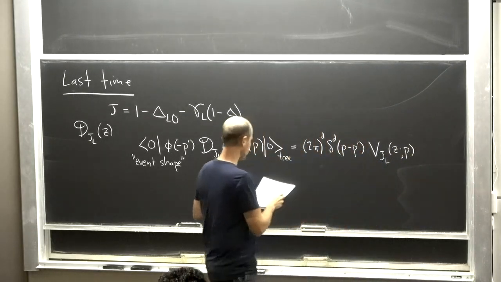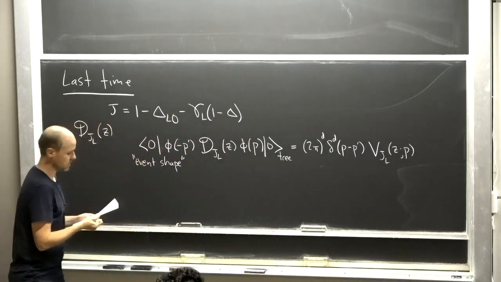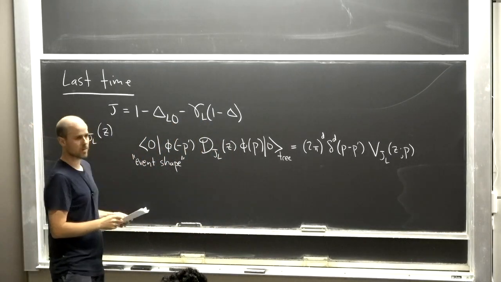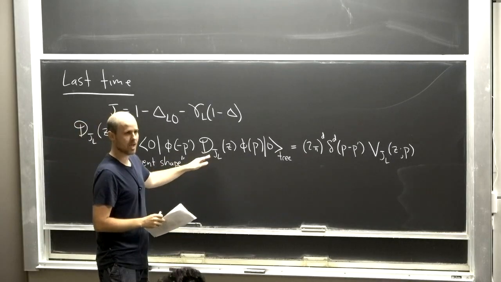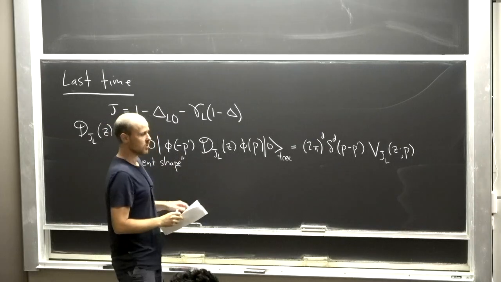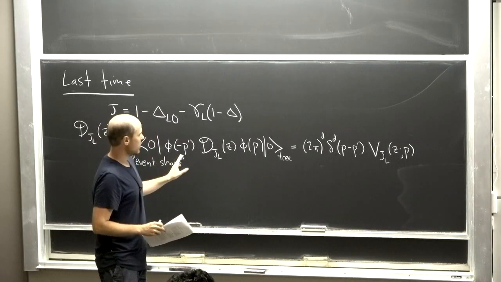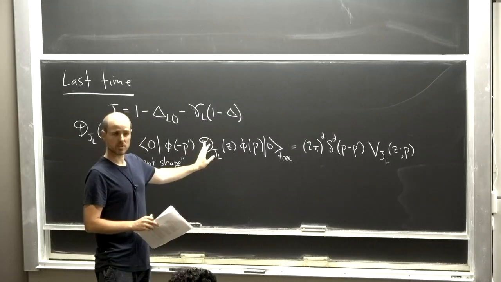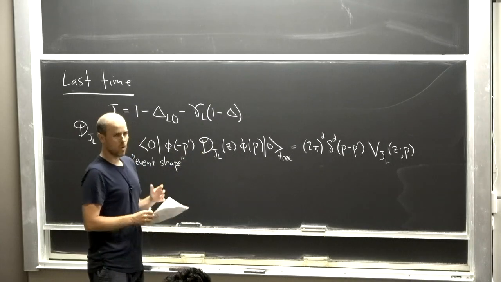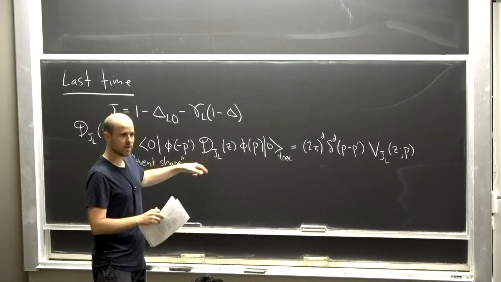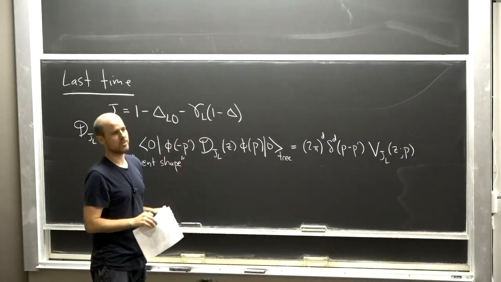This vertex factor is completely fixed by symmetries, although you can also just compute it directly from the definition of this Baire operator. We wrote an expression for it in the first lecture in terms of creation and annihilation operators, and you can use that expression if you want. Last lecture, I wrote an expression for this in terms of a bilocal integral of 2 phis along a null ray. You could use that expression if you want.